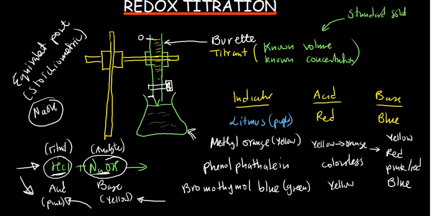Sodium hydroxide, because this portion is open, can easily react with carbon dioxide from the environment, and that is going to form sodium carbonate. That is a solid. This solid can block the tap here, so that even when you open the tap, nothing is going to go down. So that's why you're not advised to use sodium hydroxide in the burette.